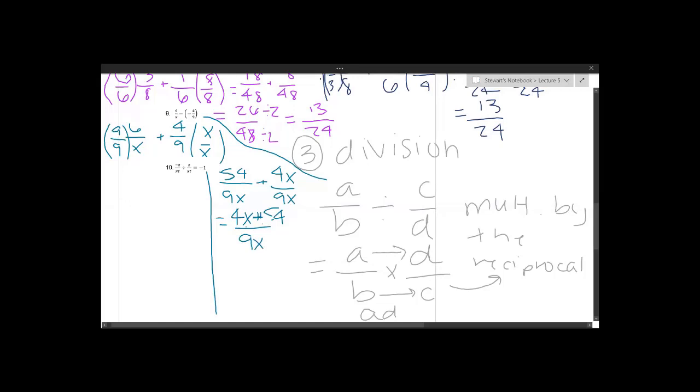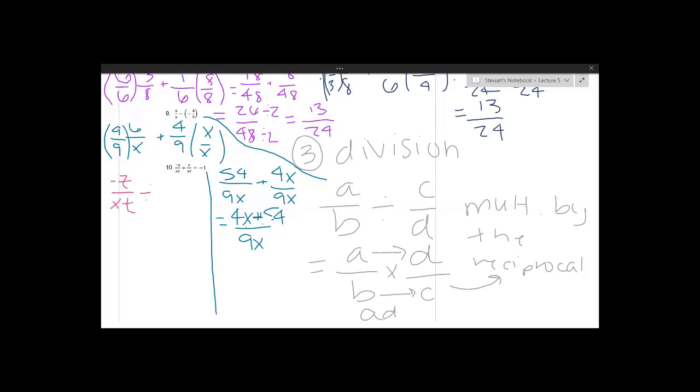we have negative z over xt divided by positive z over xt. We're calculating this for ourselves, as is conventional when they're asking you a true or false about a computation. So this is the same as multiplying by the reciprocal. Dividing is the same thing as multiplying by the reciprocal.